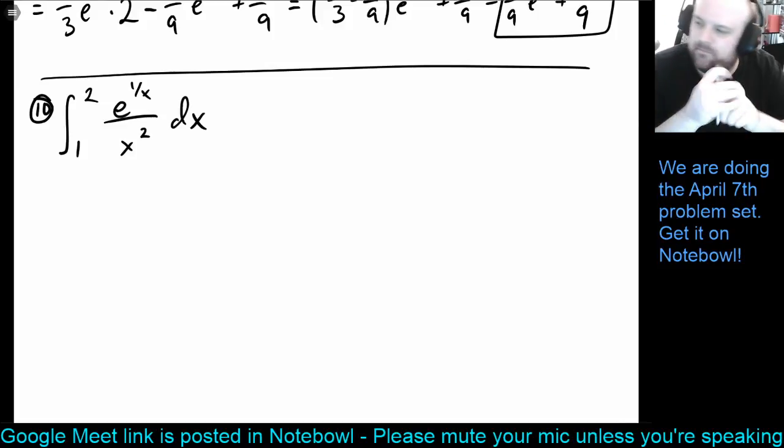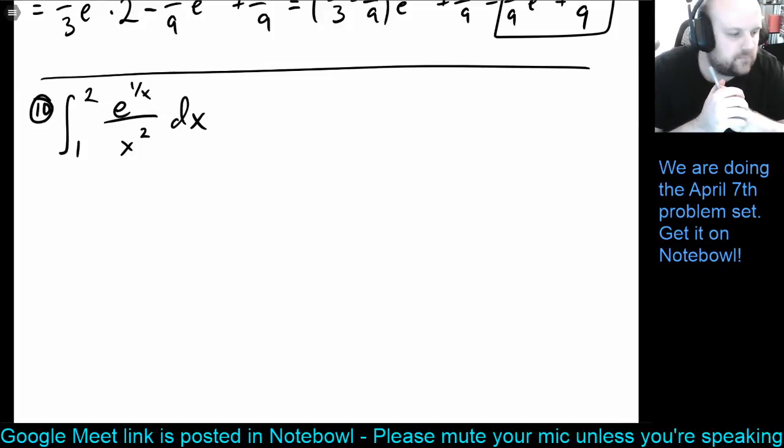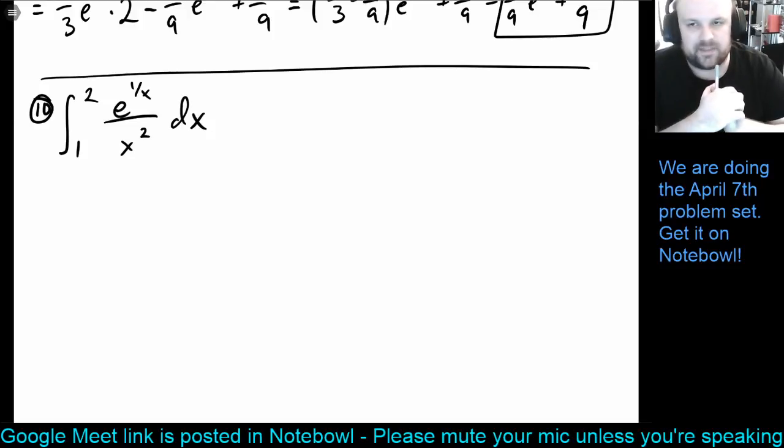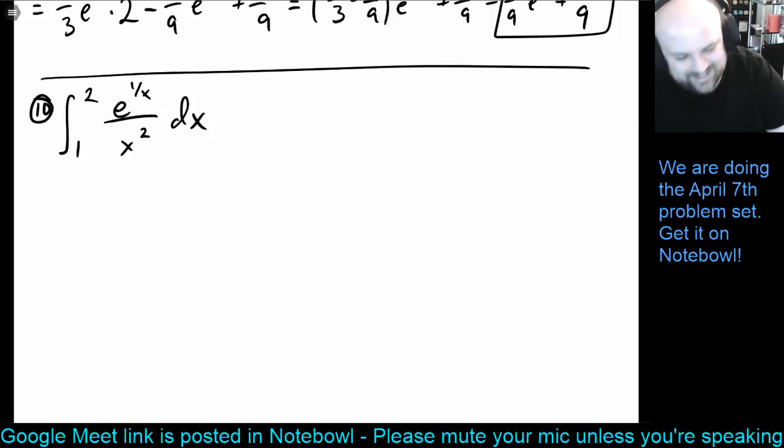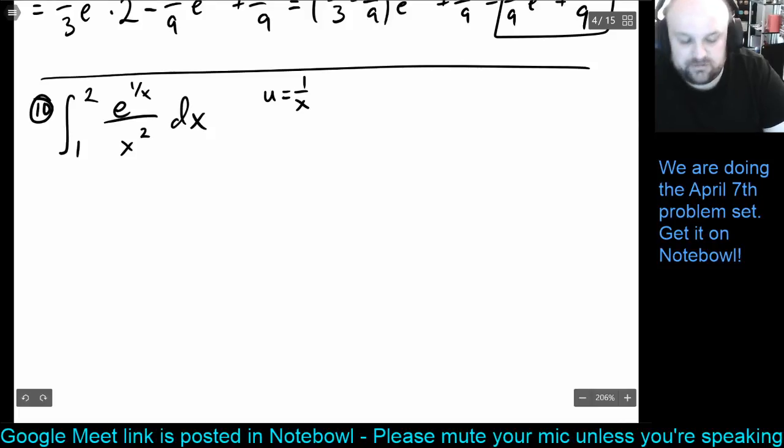All right. So what are we doing here? If you look at this one carefully, you don't need integration by parts. Wanted to sneak one of these in. So here, if we make u to be 1 over x, then du is going to be minus 1 over x squared dx.